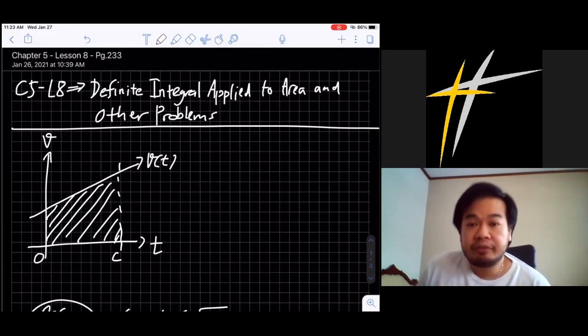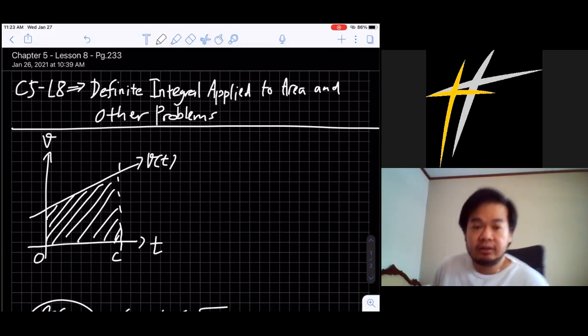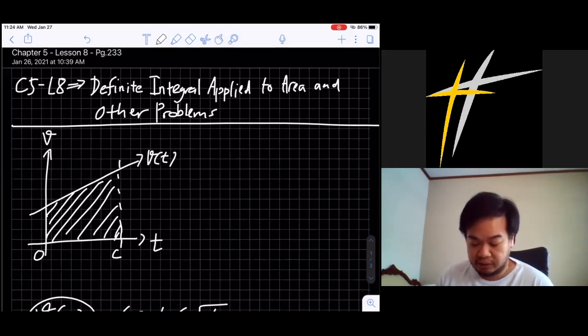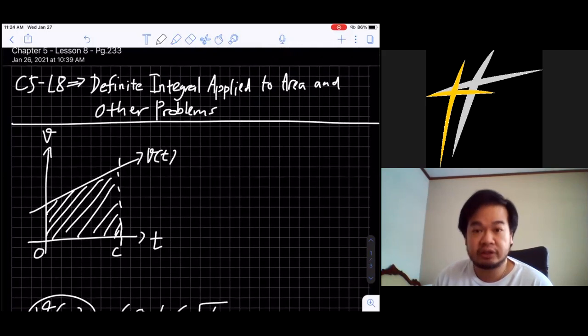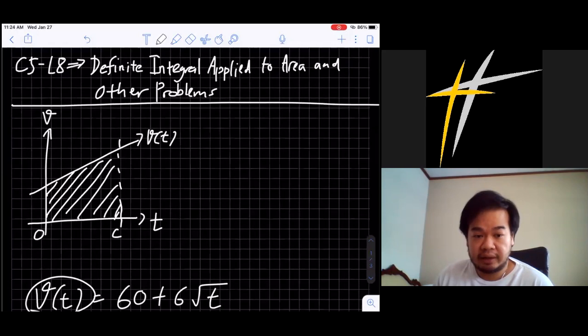In the previous lesson, we learned how to apply a definite integral to find the area below the graph, and when the application is integrated in physics. For example, I gave you an example about a velocity function with a certain time.